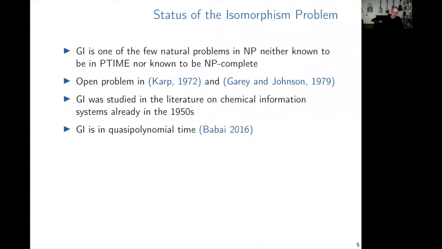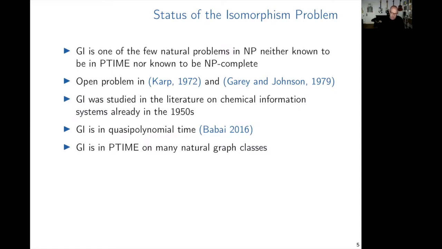But the big result that we have seen recently is that graph isomorphism is solvable in quasi-polynomial time. That's Babai's result from 2016. I will speak a little bit about this result later. What we also know, and this has accumulated over many years, is that GI is in polynomial time for many natural graph classes, including planar graphs, graphs of bounded degree, graphs with excluded minors and excluded topological subgraphs, interval graphs, and many more.